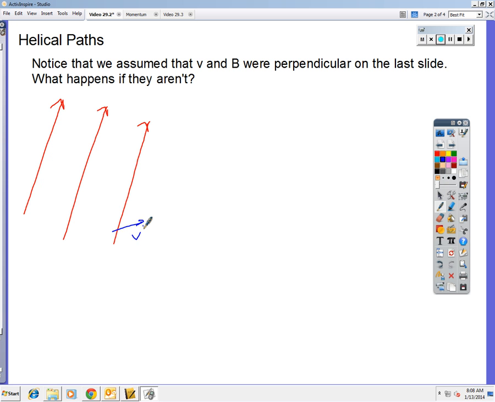Now, the obvious thing is that because the angle between B and V is smaller, the force won't be as large, but it'll still be perpendicular to both of them, with the result that the particle will spiral around the magnetic field lines.